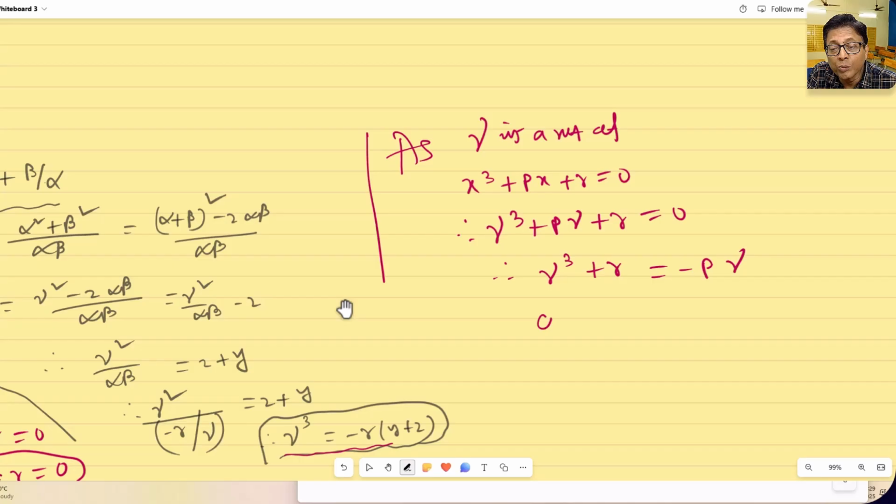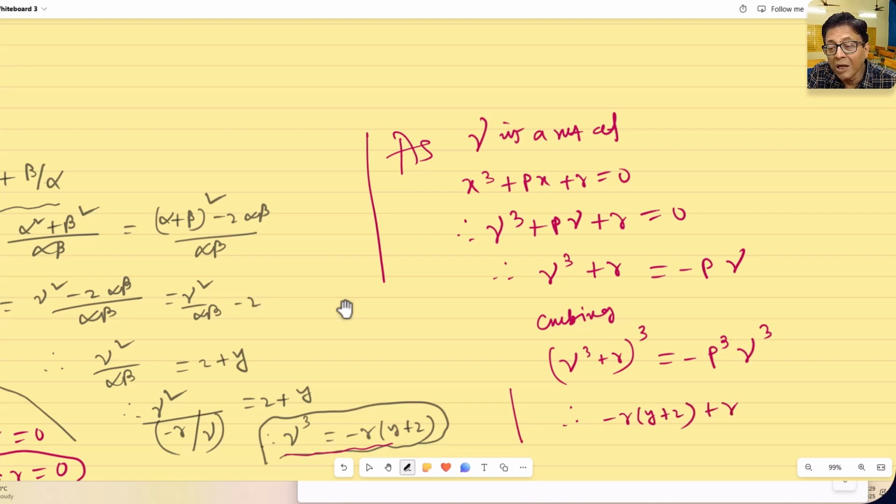So we make the cube of both sides. Cubing, we get gamma cube plus r whole cube equal to minus p cube gamma cube. Okay? Therefore, now put the value. Gamma cube is what? Minus r into y plus 2, plus r whole cube equal to minus p cube into r y plus 2.